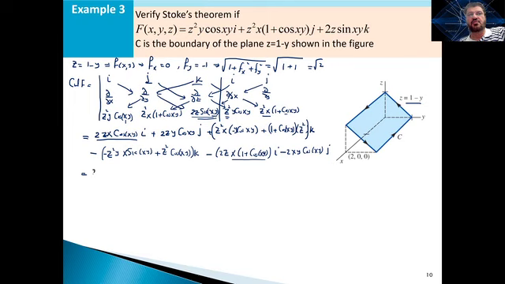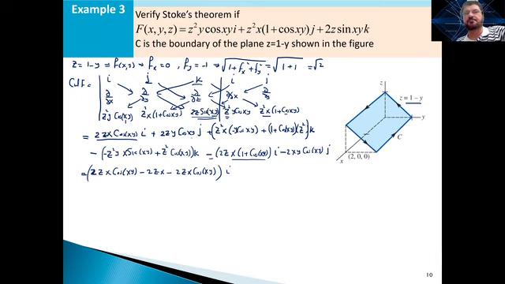So we have 2zx cosine xy minus 2zx minus 2zx cosine xy. This is all i.